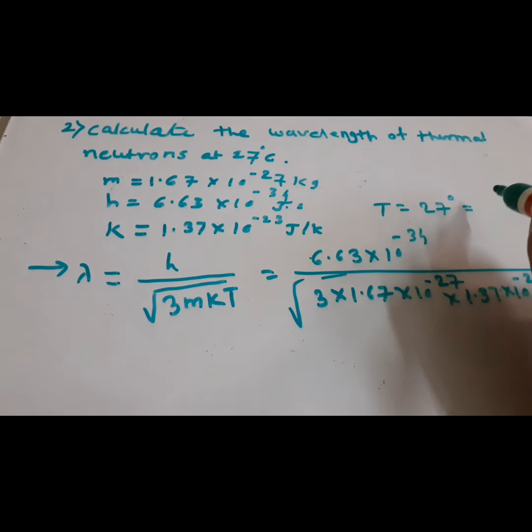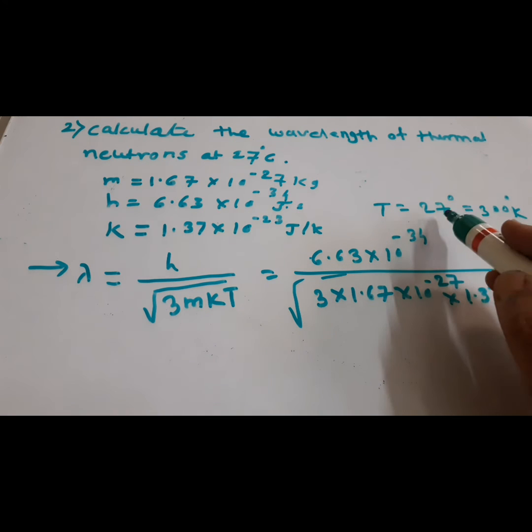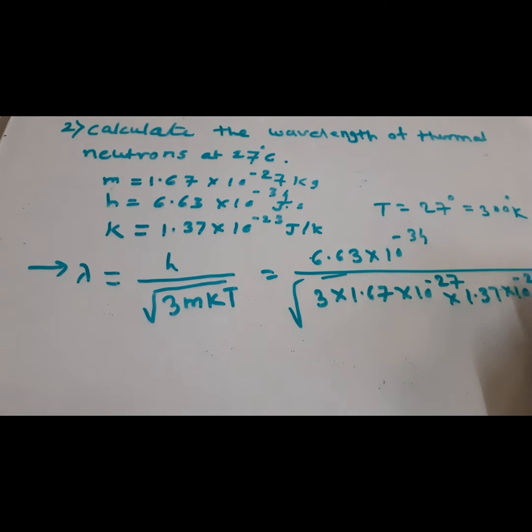We have to convert it into Kelvin, that is 300 Kelvin, by adding 273 to 27. So here it is 300.